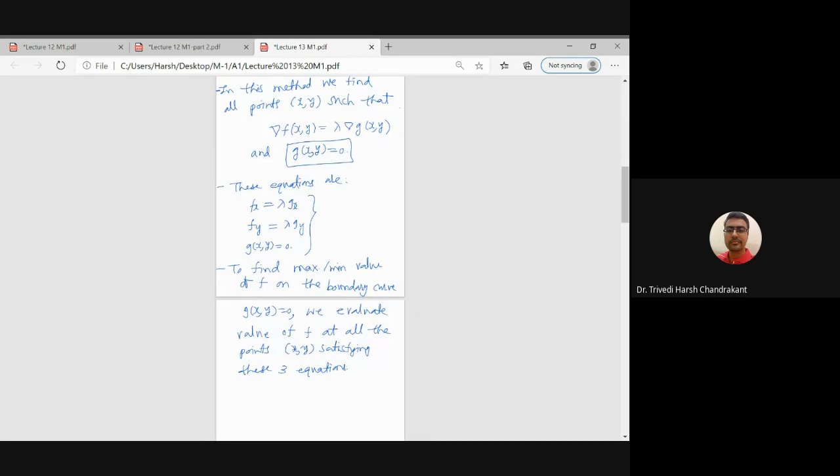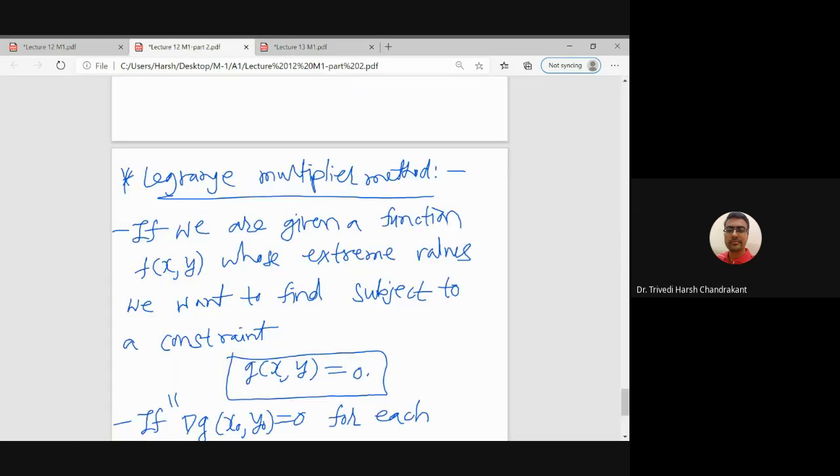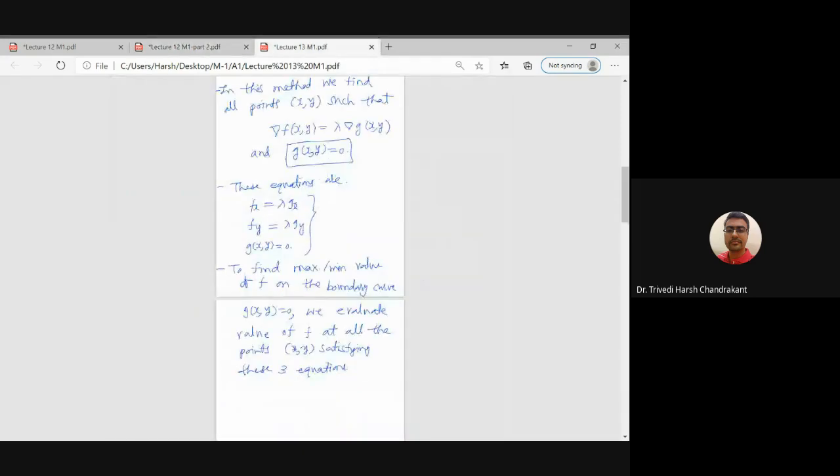So whatever function fxy is given, we have to find the extreme value subject to gxy equals 0. We first solve these equations, find the points, and then we evaluate the value of the function f at those points.